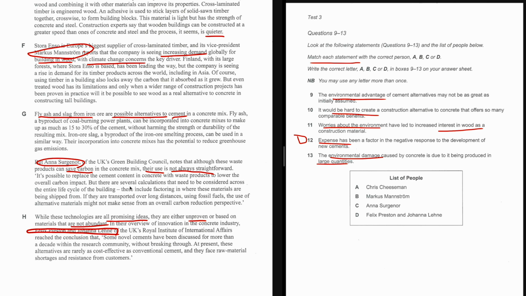So it was a negative attitude, and it may not be as great as initially assumed. Maybe that one would be hard to create. It's not about making it.